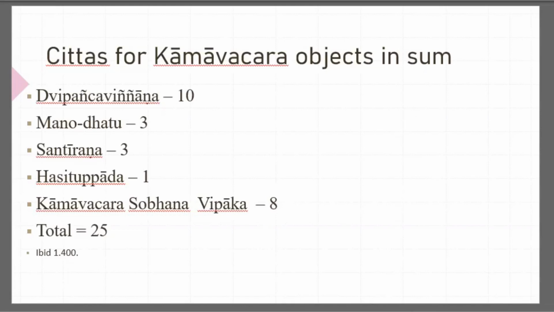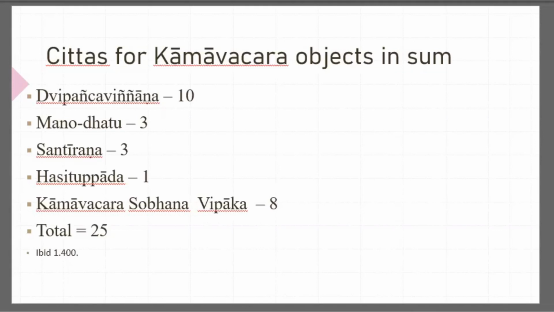But we have to see the difference. What are the specific objects of the Pancha Vinnana? What are the specific objects of Manodhatu? For Santirana, Hasituppada and Mahavipaka, we don't need to specify. We can say generally Kamavachara, in all Kamavachara. So these are the 25 Cittas that take Kamavachara objects.